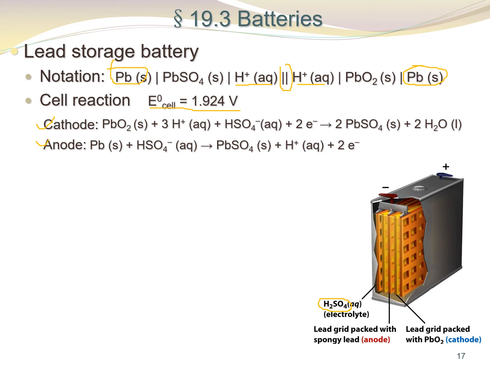And we can actually put many of these together, like 1, 2, 3, 4, 5. So we can put 5 cells all together in order to increase the voltage. So this is our first type of cell we're still using in our vehicles.